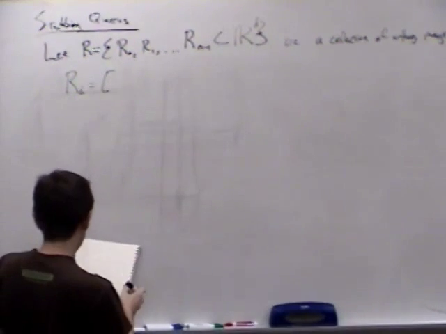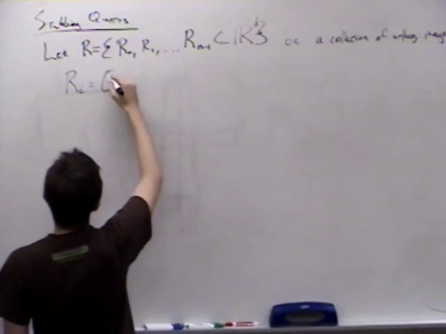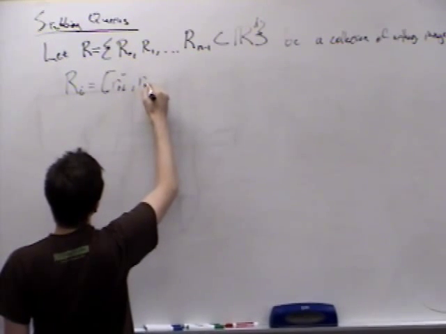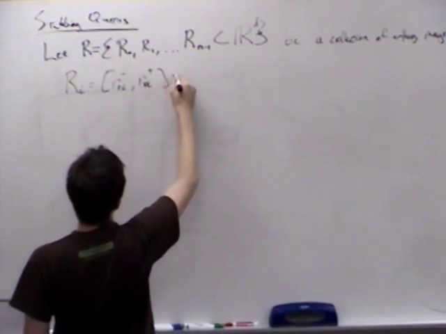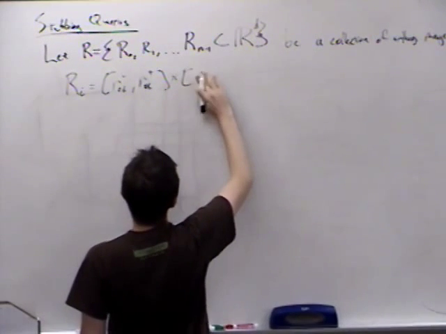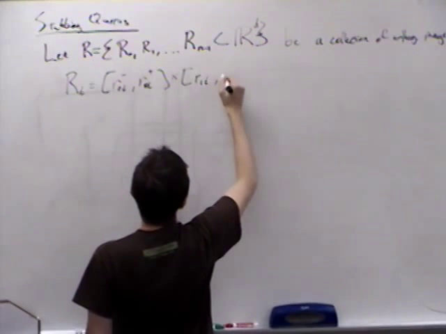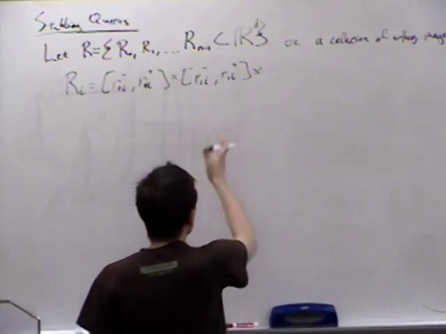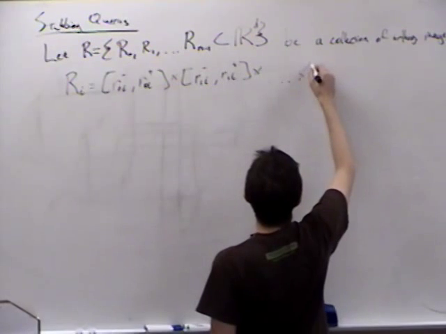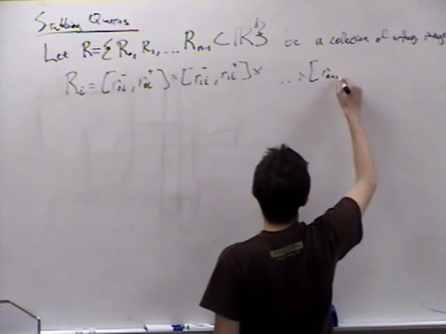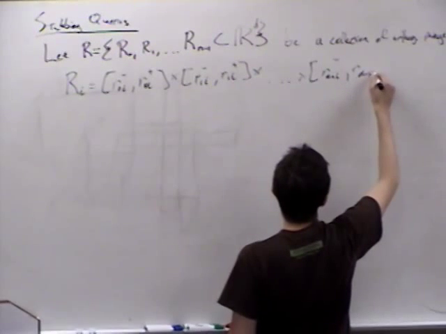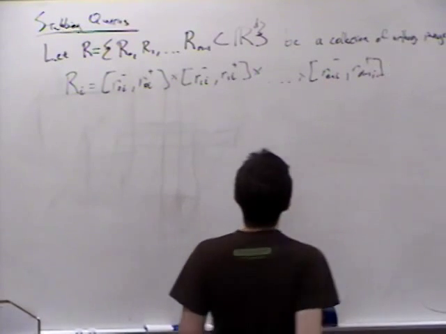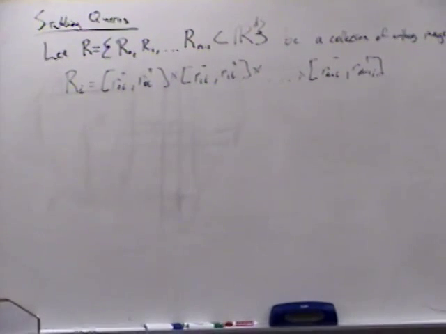So we have the interval from R0i minus to R0i plus, then R1i minus to R1i plus, and so on, up to D of these intervals, ending with R(D-1)i minus to R(D-1)i plus.